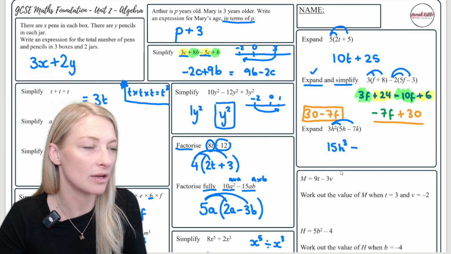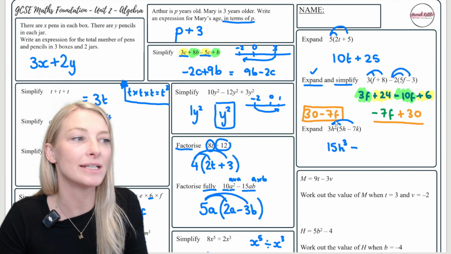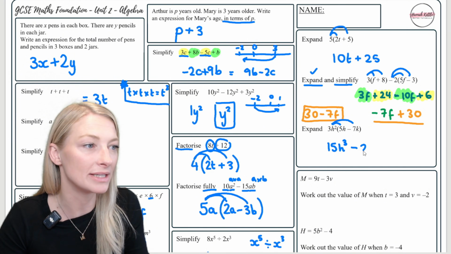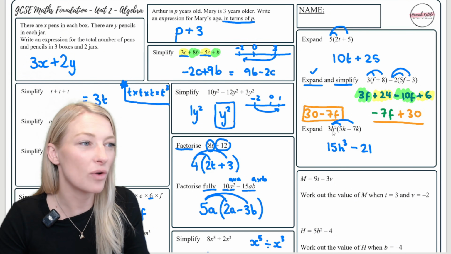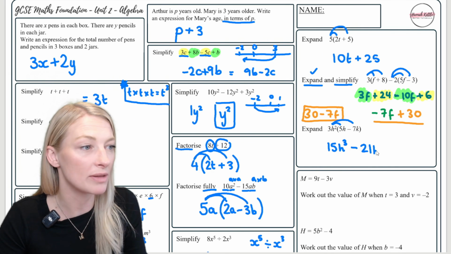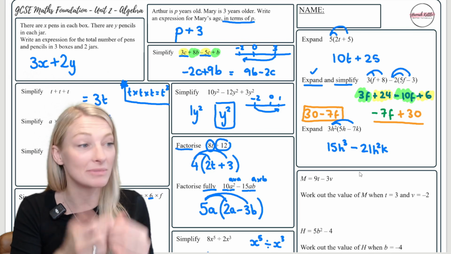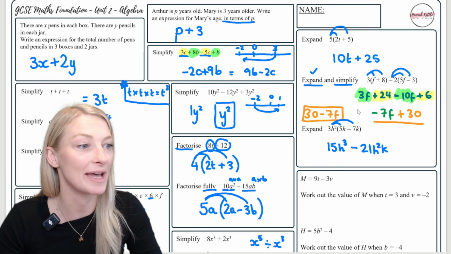Then let's use our takeaway here. 3h squared multiplied by 7k. 3 times 7 gives me 21. And then I've got h squared multiplied by k. They're different letters. We'll just write them next to each other. h squared k there for your final answer. They're not like terms. I can't bring them together. So that is it, our final answer there.